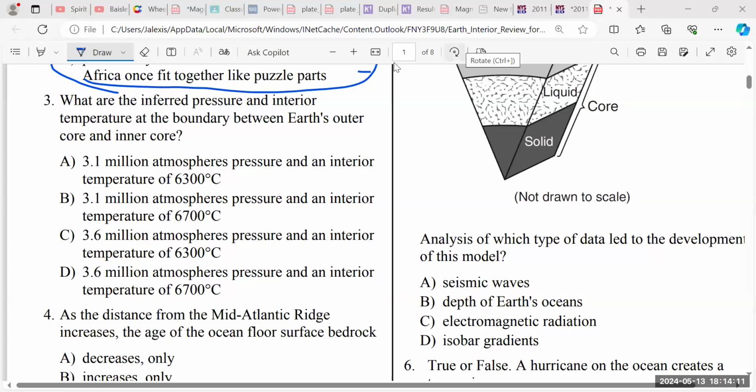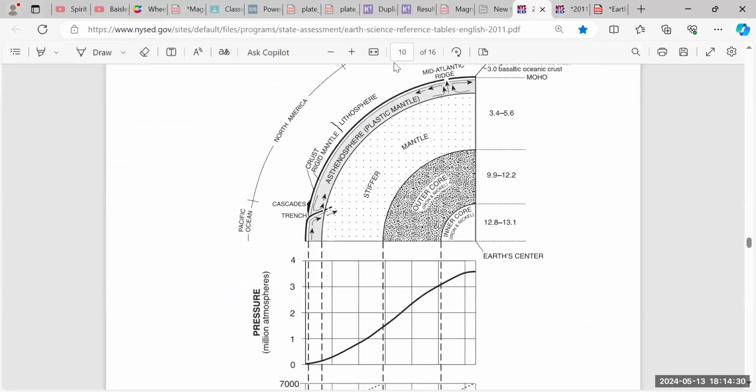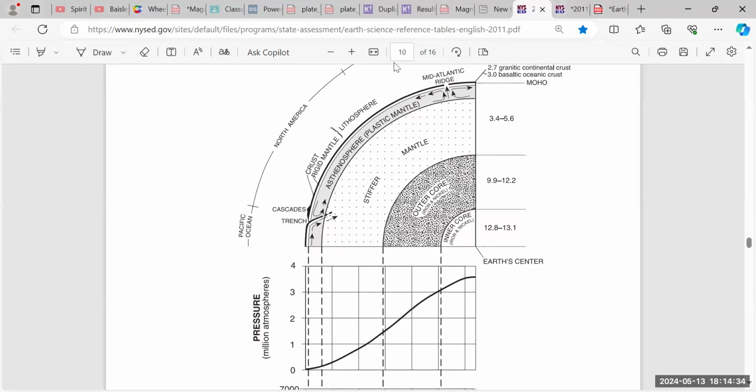Number 3. Number 3 says, what are the inferred pressure and interior temperature at the boundary between Earth's outer core and the inner core? And they give us options about the temperature and the pressure. So when I look on page 10, the boundary between the outer core and the inner core is right here.